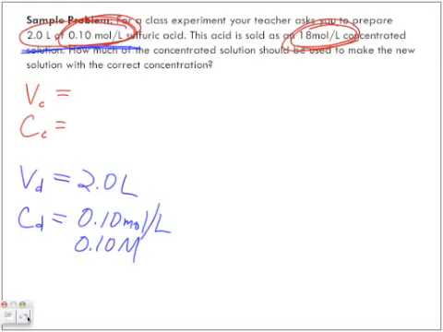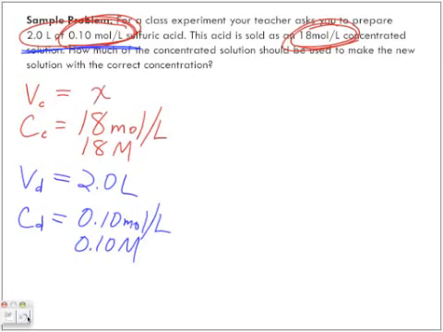So now, what do we have of our stock solution? Well, we have the concentration, which is 18 moles per liter, or 18 M. We want to figure out how much volume, so how much of that do we want to take out?